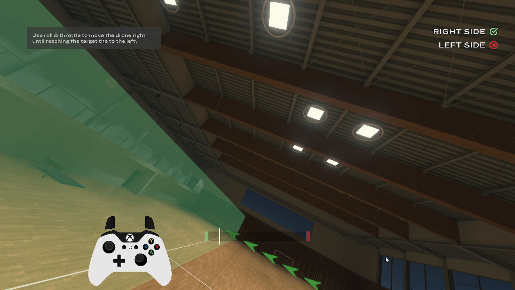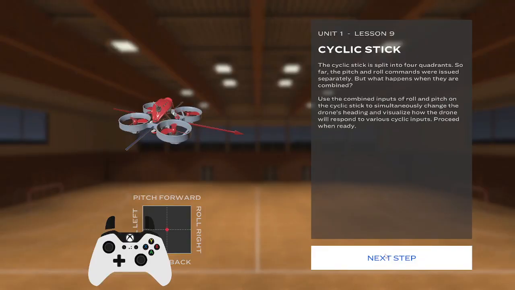The pitch and roll commands operate in identical ways, rotating the drone around the lateral or longitudinal axes by generating a speed differential between the adjacent motor pairs. Together, they form the cyclic or right stick, which is responsible for the drone's heading, direction, and altitude relative to the ground. Cyclic stick. The cyclic stick is split into four quadrants.